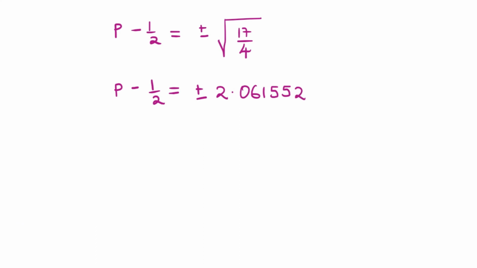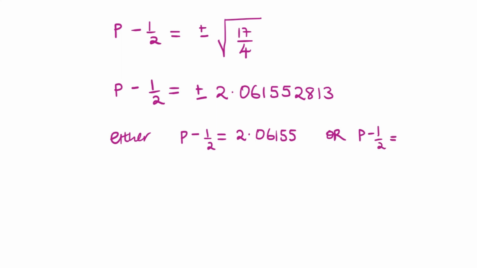2.06155281 3. Okay, from there we can say we are taking p to the other side, but it will be either p minus half is equal to 2.06155, or p minus half will be equal to minus 2.06155.